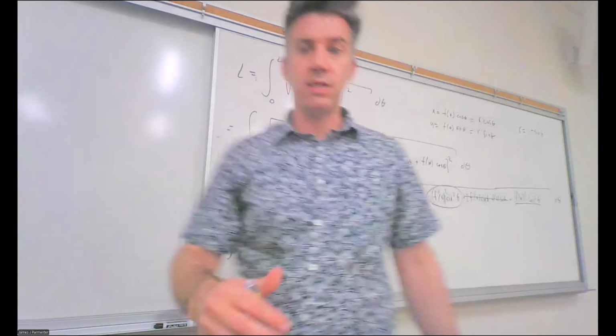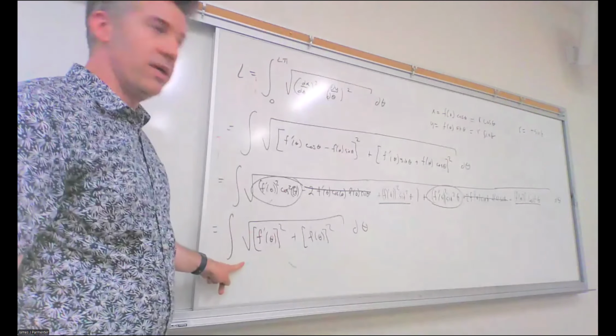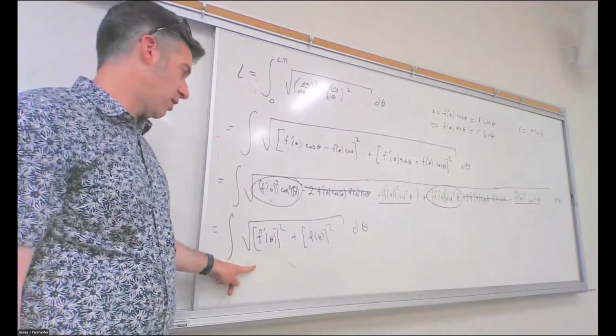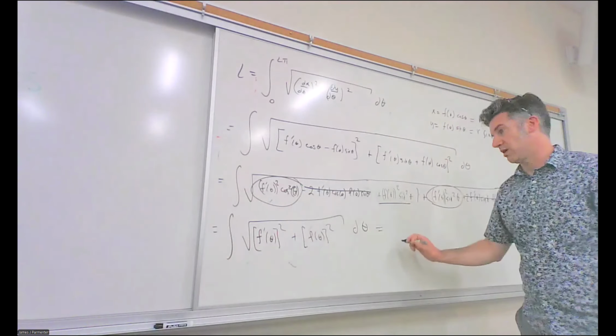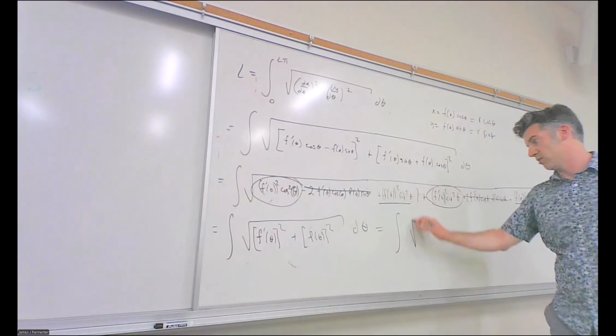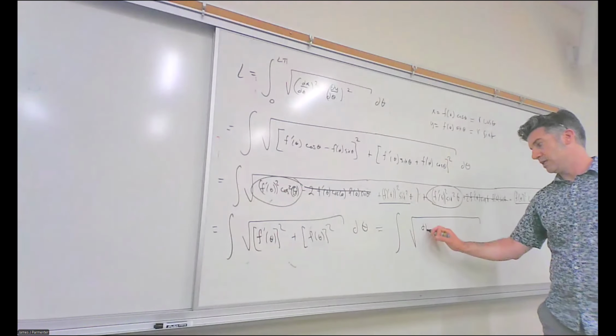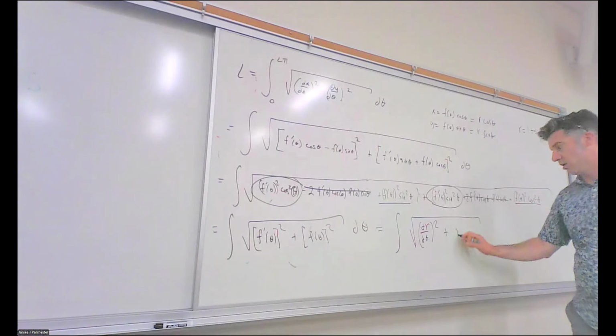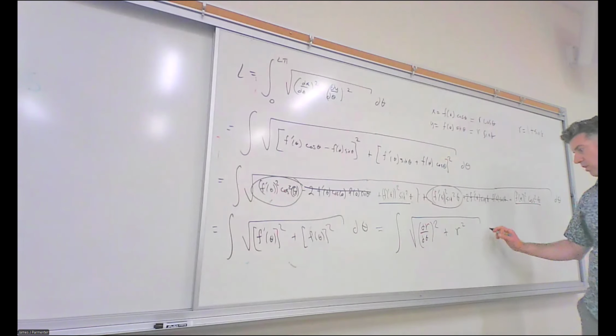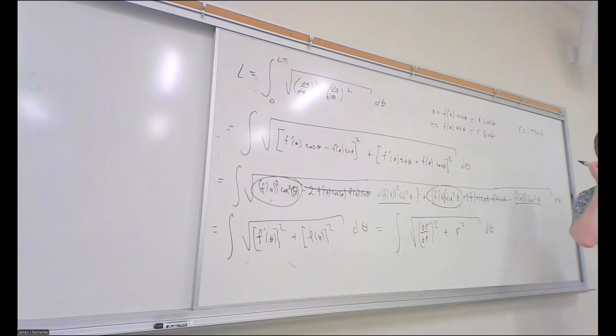Then it boils down to the square root of f prime of theta squared plus f of theta squared. Or if r is your function of theta, you can think of this as the integral of the square root of dr d theta squared plus r as a function of theta squared. So, not the best thing I've ever seen in my life, but not incredibly heinous.